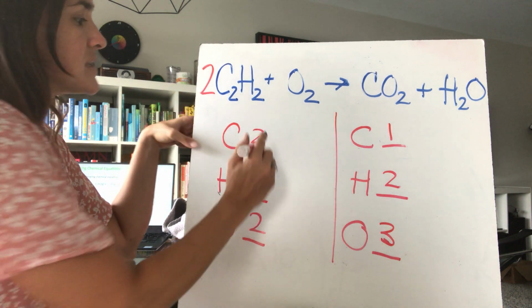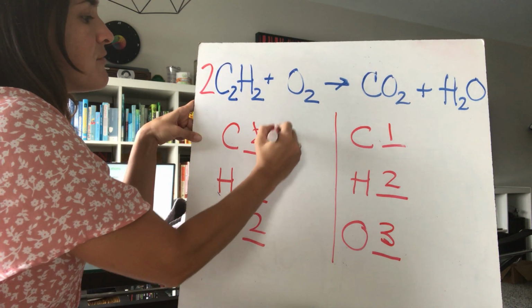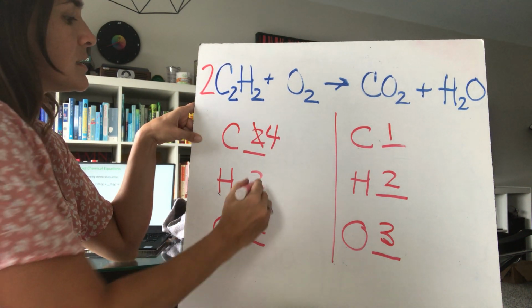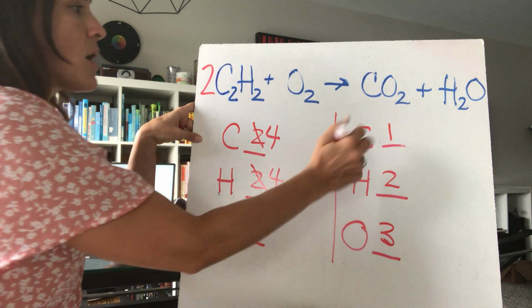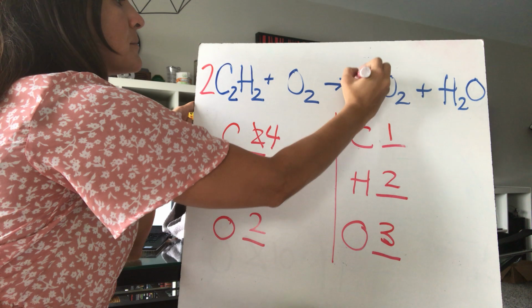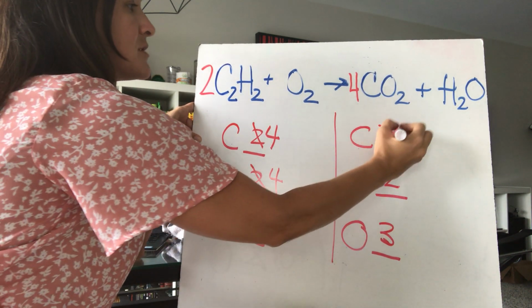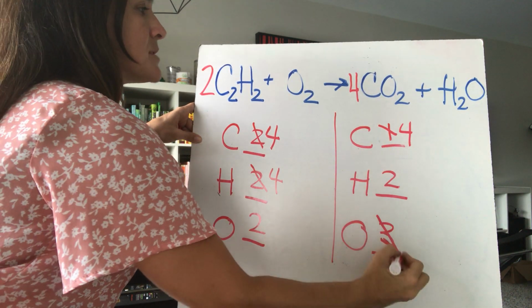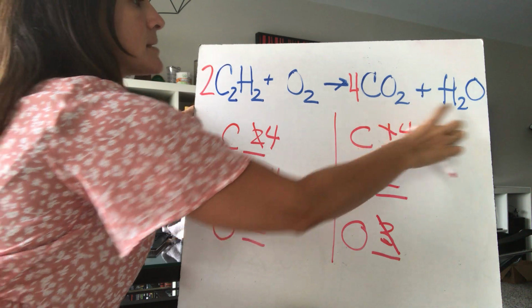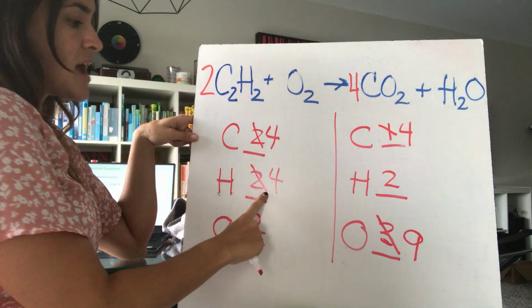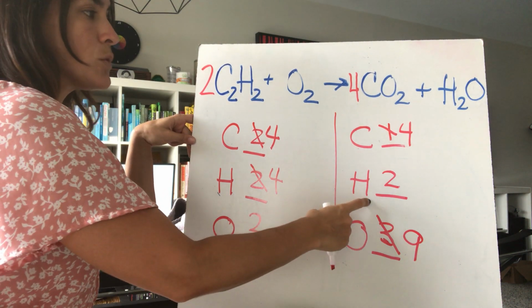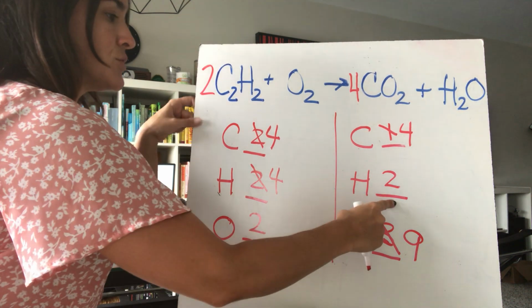If I double this, now I get 4 of these and 4 of these. To get 4 carbons, I'm gonna put a 4 here. That gives me 4 carbons, and it gives me 4 times 2, 8, plus 1, 9 oxygens. I've made the hydrogens unequal, so let's see, I have 4 here and 2 here.